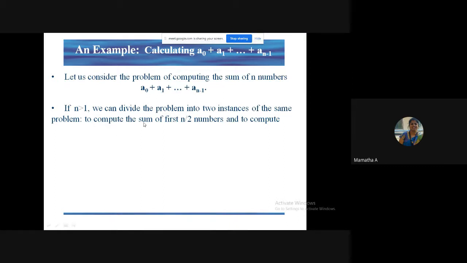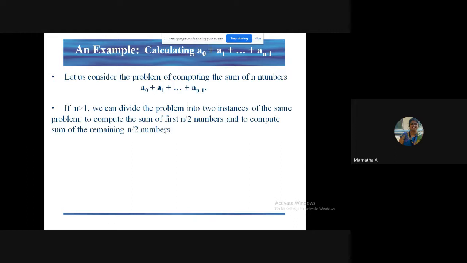First is to compute the sum of the first n by 2 numbers, and the next problem is to compute the sum of the remaining n by 2 numbers. So I will divide my array into two halves, where the first problem is to compute the sum of the first n by 2 numbers.